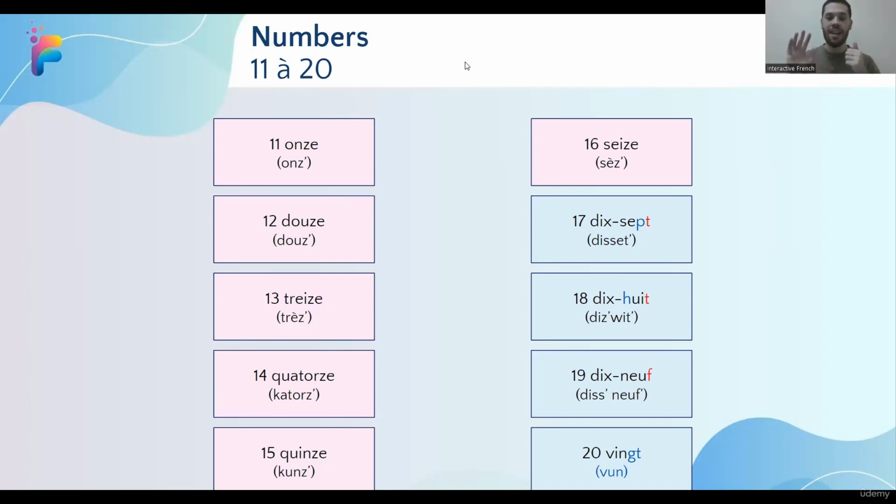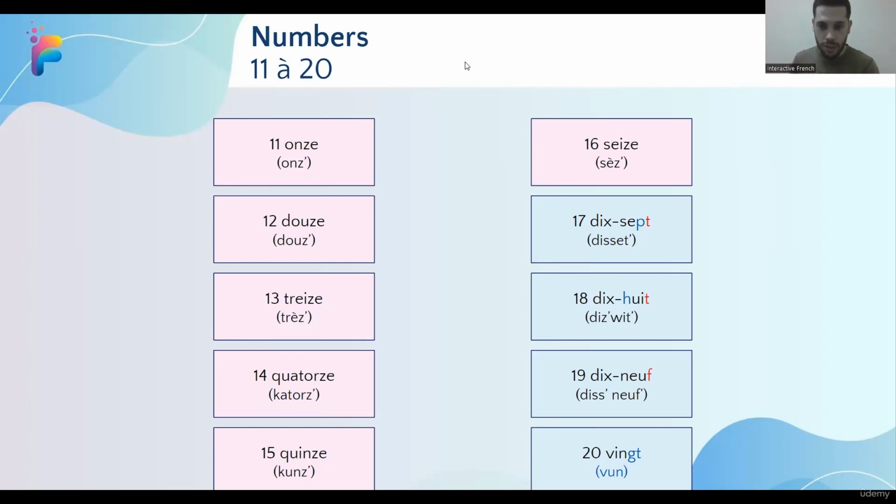16. Okay? Now, remember, 10 is 10, right? And 7 is sept. So the way we say 17 is basically 10, 7. 17.